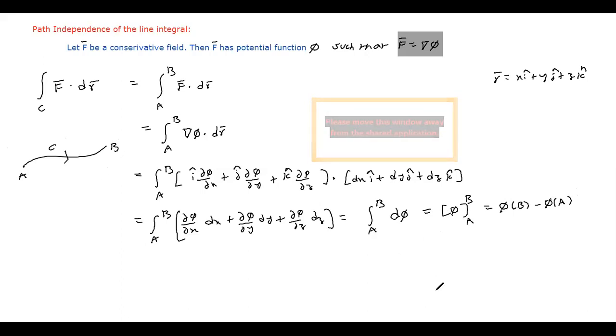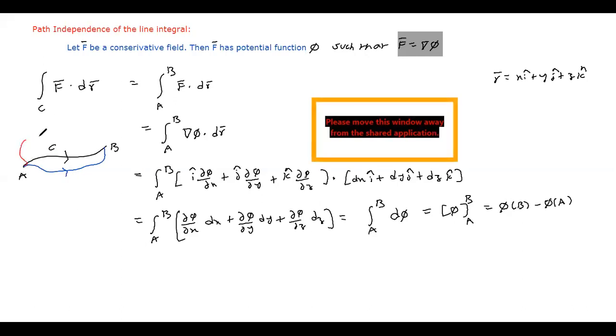So that means whatever the path you take, the line integral along C1 will be the same as the line integral along this curve. All line integrals are going to be equal because the field is a conservative field. In a conservative field, we observe that the line integral is path independent.